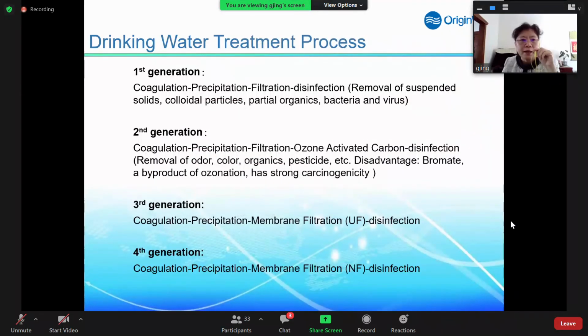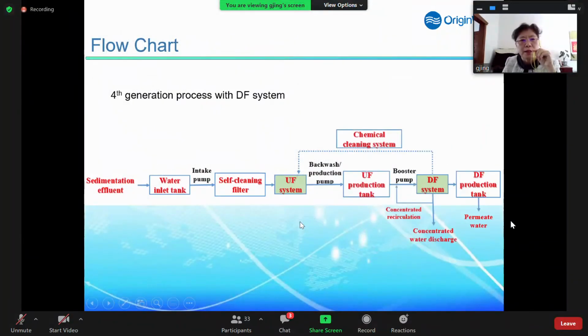For the treatment plant, as I mentioned, if we briefly talk about the generation of the drinking water treatment process, we can see four stages. The current generation is conventional coagulation, precipitation, filtration, and also nanofiltration.